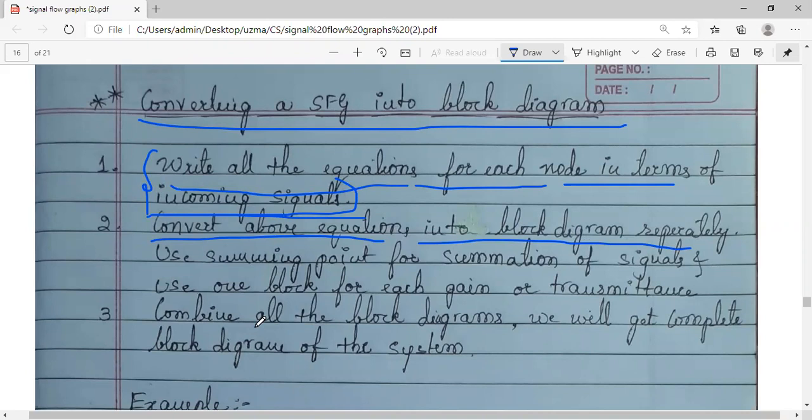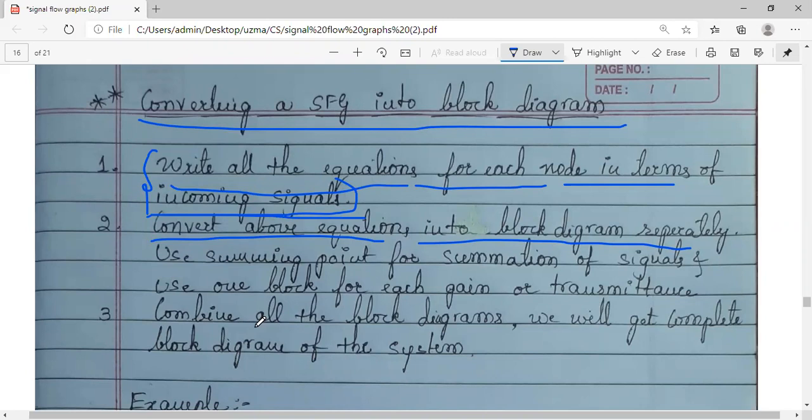If some four to five equations are given to you, you draw the signal flow graph for each equation, and finally you interconnect all. This was the procedure which we have already seen in the previous sessions.